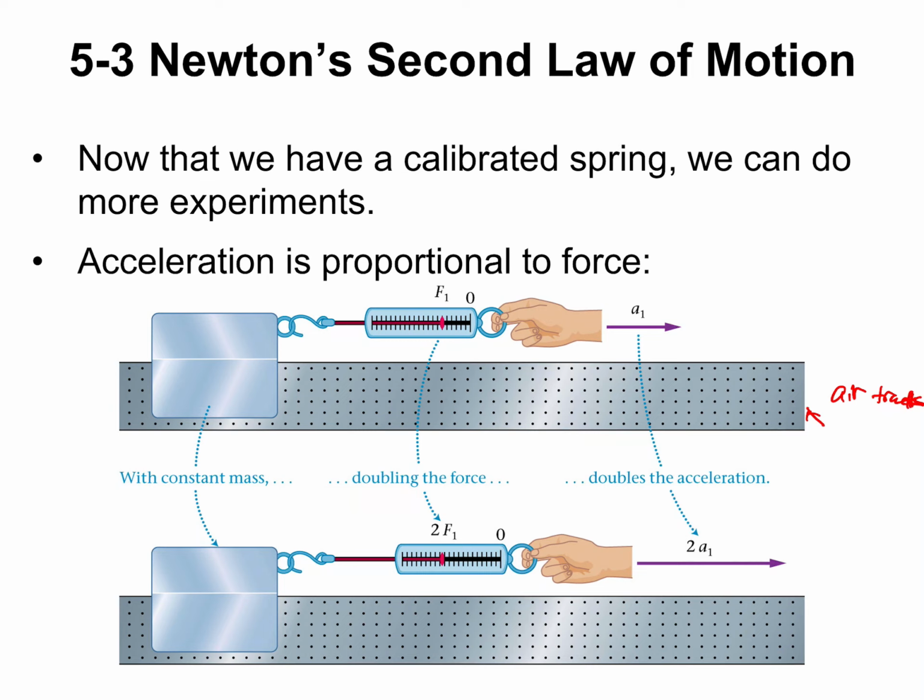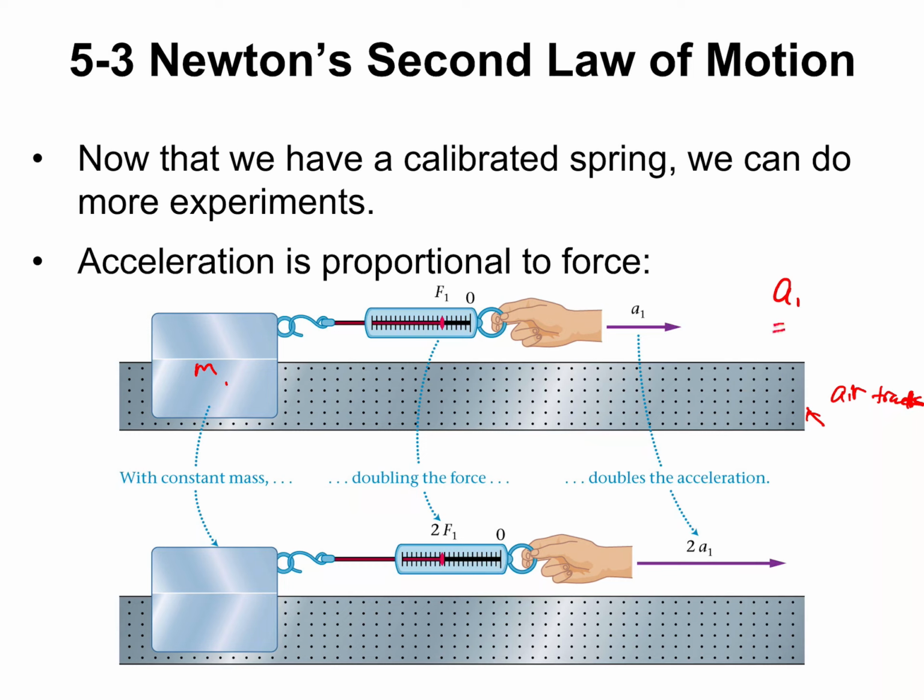So if we apply a force on a mass, you can observe that there's acceleration generated on the object. So you have a force applied on an object with a mass m. If the force is F1, the acceleration is A1.